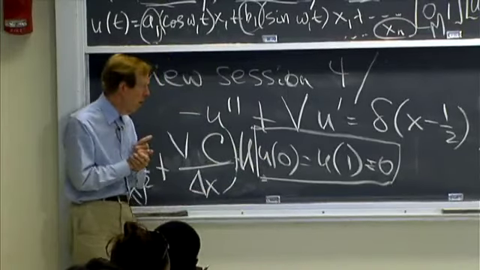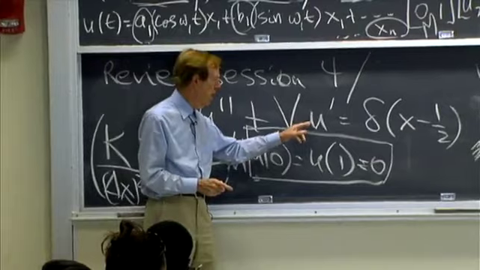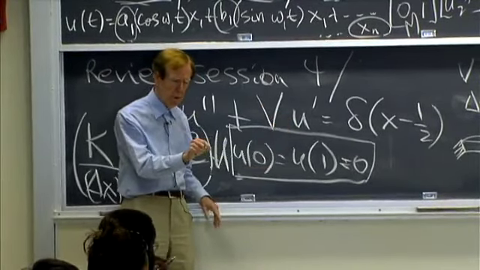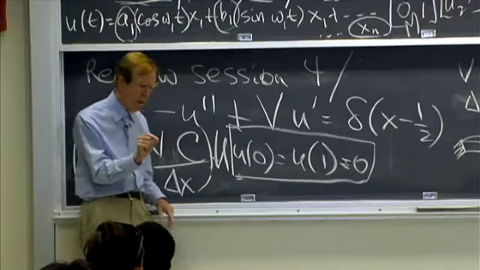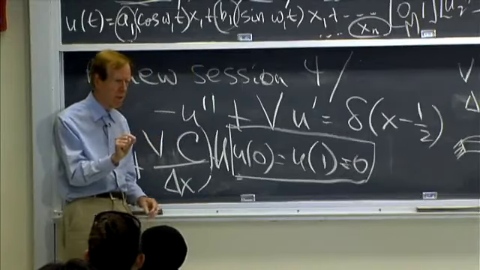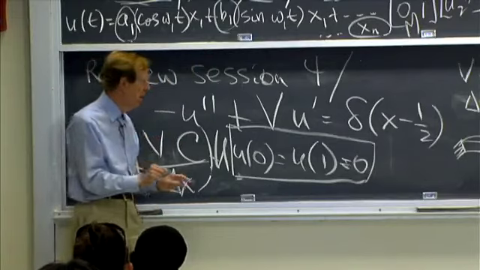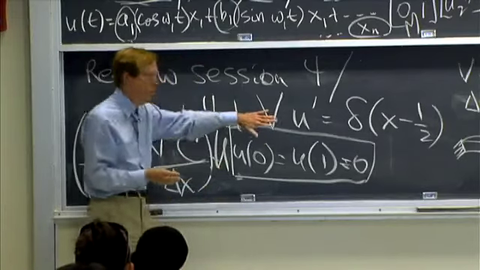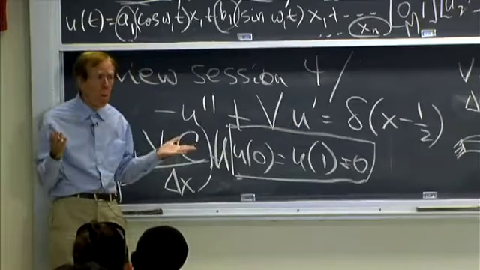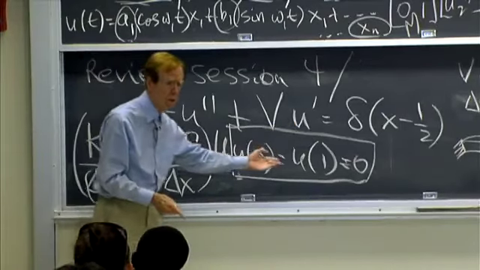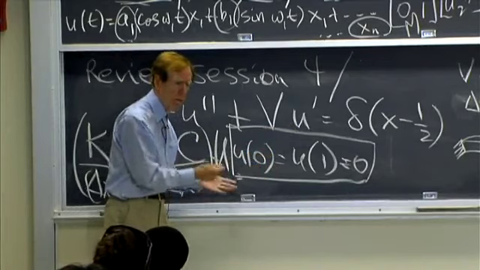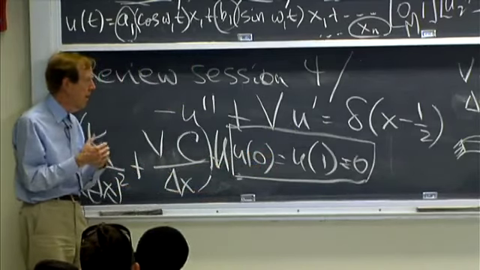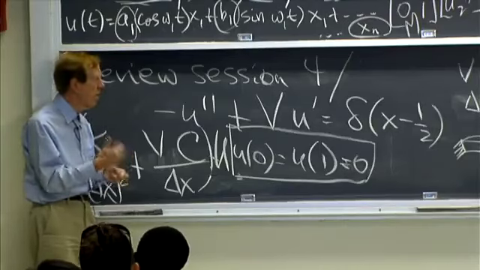But this equation, with just this term, is only first order. It only has a first derivative. How many boundary conditions would we expect if I gave you just a first order equation? One. And we've got 2, which we're imposing. So this limit, as v increases, produces something called a boundary layer.